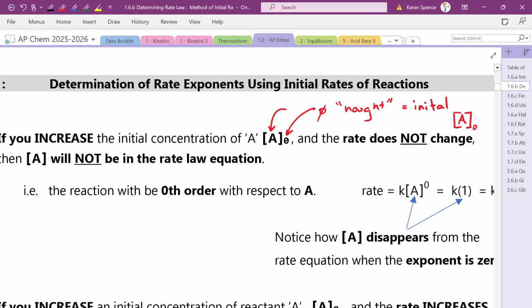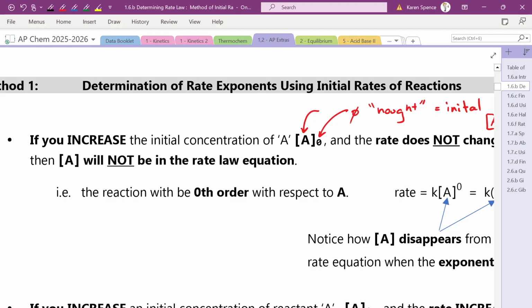So if you increase the initial concentration of A and the initial rate does not change, what does that tell you about the order with respect to substance A? You change the concentration of A and the rate does not change. Does that mean that rate is equal to K times A to the 0?